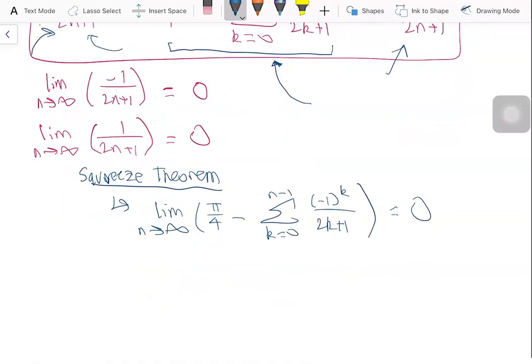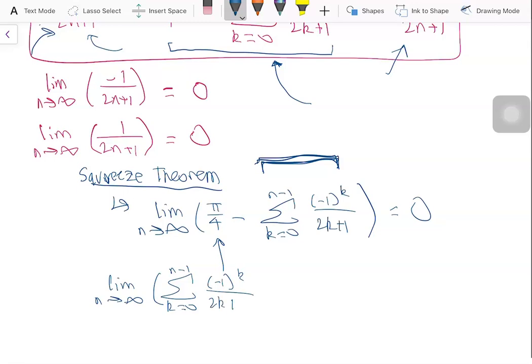So that means this expression here will approach pi over 4, because we have pi over 4 minus something that approaches 0, so this sum should approach pi over 4 as n goes to infinity. And so we have the limit as n goes to infinity of the sum of negative 1 to the k over 2k plus 1 goes to pi over 4.